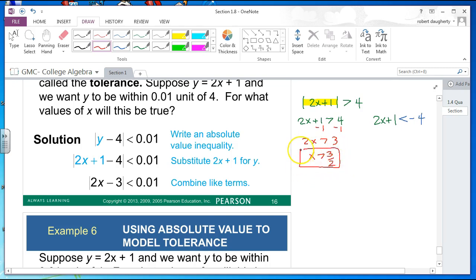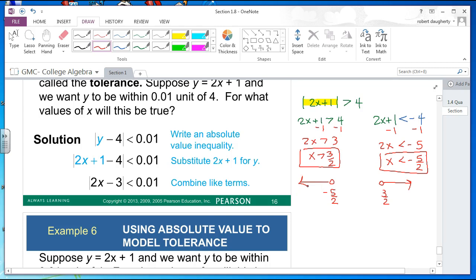Okay, that's half of it. Here, subtract 1 from both sides, 2x less than negative 5. x less than negative 5 halves. So if you look at negative 5 halves on a number line and 3 halves on a number line, I'm looking for numbers that are greater than 3 halves, numbers that are less than negative 5 halves.